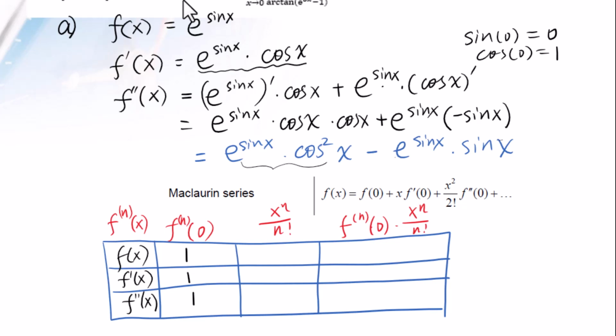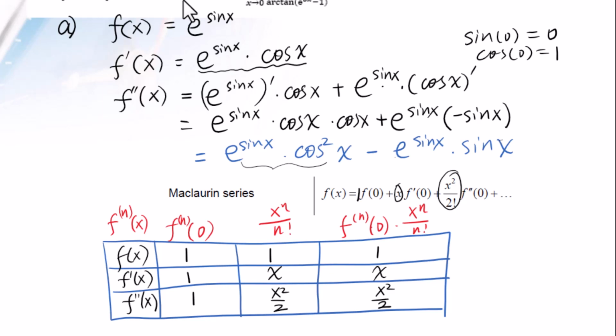x to the nth power over n factorial, check the coefficient: the nth derivative of f at 0. We have 1, x, and x squared over 2 factorial, which is x squared over 2. Multiply each out: 1, x, x squared over 2.